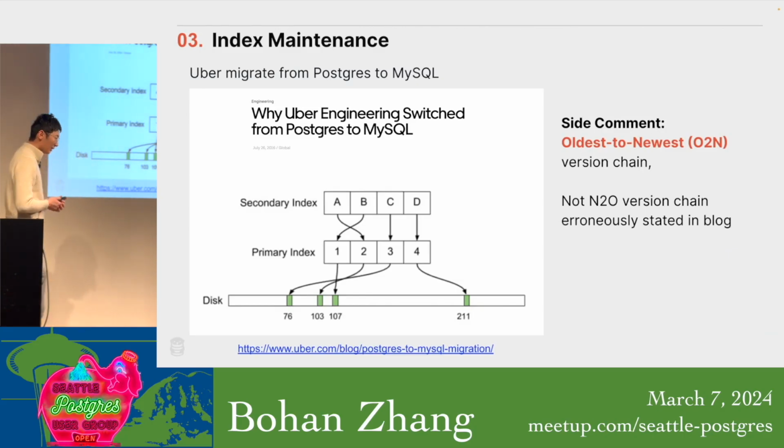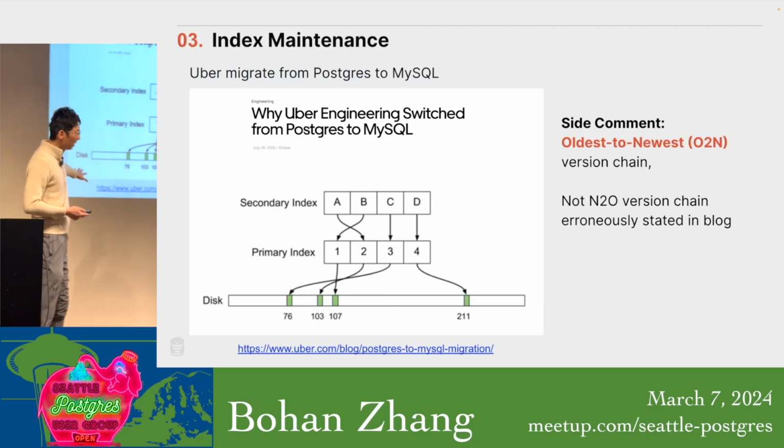I think index maintenance is one main reason for Uber to migrate from Postgres to MySQL, because their workload is a write-heavy workload. Basically, lots of updates, which means lots of index maintenance overhead for them. That's one of the main reasons they migrated from Postgres to MySQL.